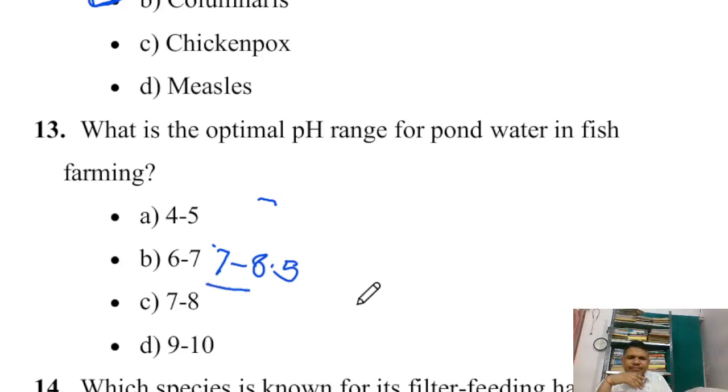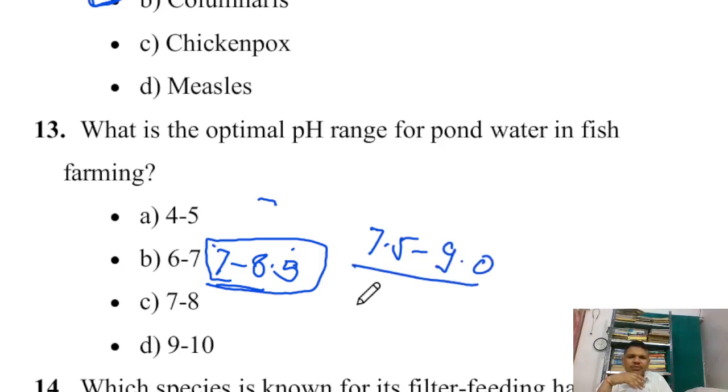It is a good pH range. It may be 7 to 9, or 7.5 to 9. If there is any option that contains 7.5 to 9, it will also be good.